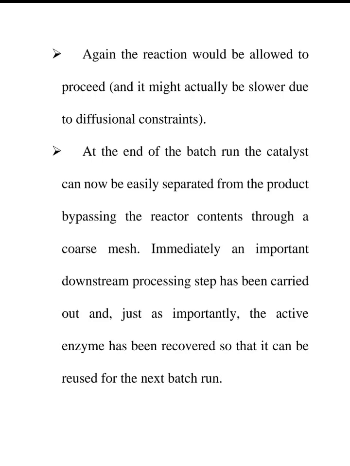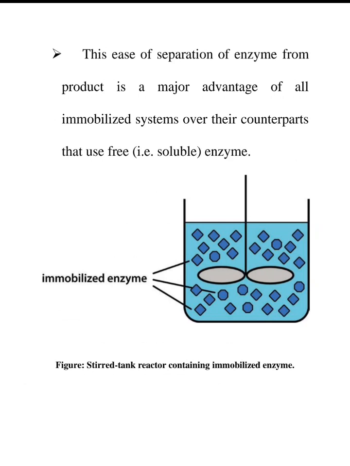Immediately, an important downstream processing step has been carried out, and just as importantly, the active enzyme has been recovered so that it can be reused for the next batch run. This ease of separation of enzyme from product is a major advantage of all immobilized systems over their counterparts that use free, that is soluble, enzyme. This figure shows the stirred tank reactor containing immobilized enzyme.